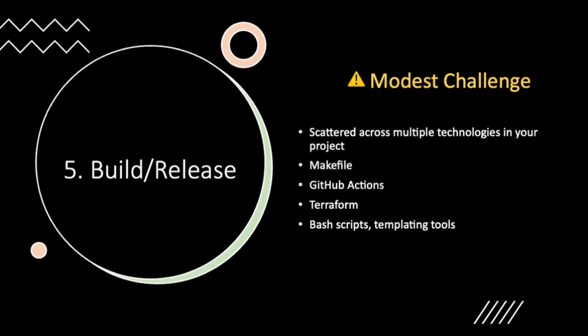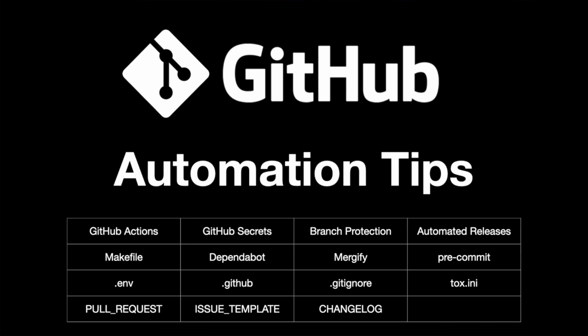Number 5, build, release, run. Strictly separate build and run stages. This is modestly challenging because the concept of strict separation surfaces across multiple technologies in your project. And also, of course, because you have to do the work, and it's a lot of work. You should check out my other videos on setting up advanced CI/CD features in GitHub.